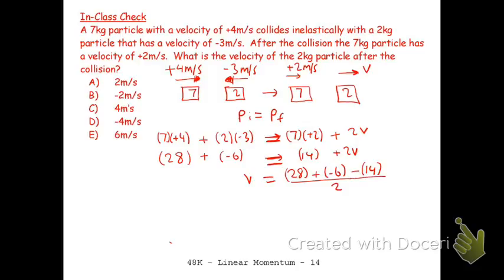I took the 14 to the other side, it became a minus sign, and then I divided the whole thing by the 2. So 28 minus 6 is 22, minus 14 is 8, over 2, which equals plus 4 meters per second.